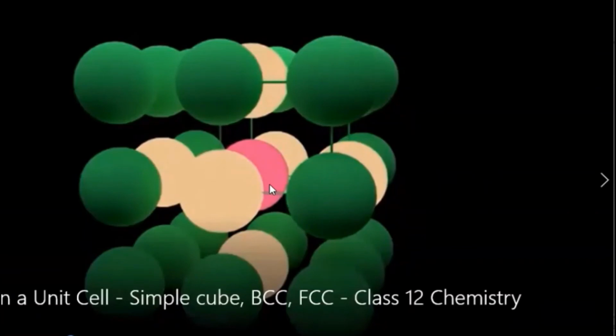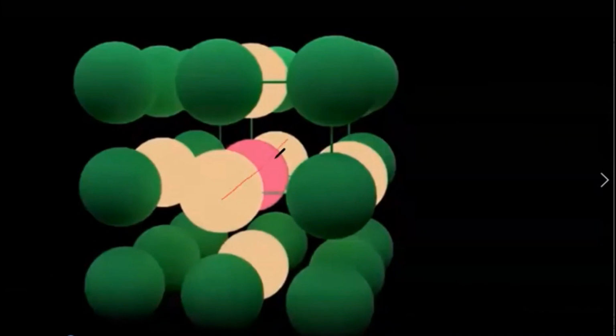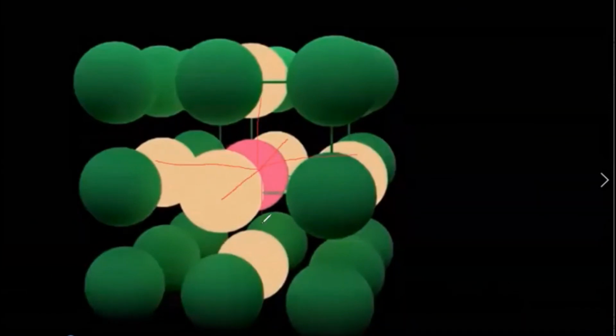This is for the coordination number of the simple cubic structure. You see this pink atom is in contact with only these 6 atoms. So that's why the coordination number for simple cubic is 6.